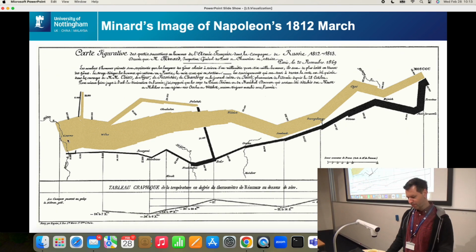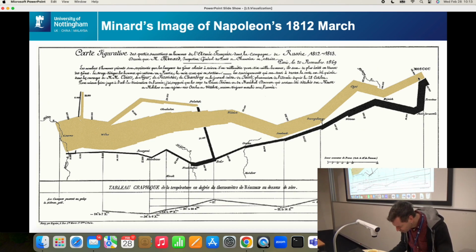As we go from right to left, the passage of time is occurring. So you can see that the army is dying or shrinking as it gets to Moscow. And then there's a return, and by the time the army returns, it's quite small. Almost everybody has died.